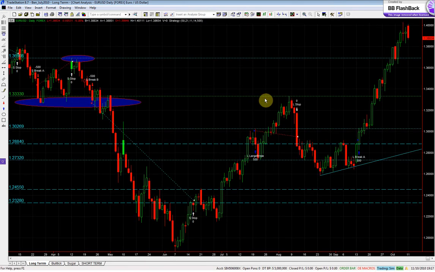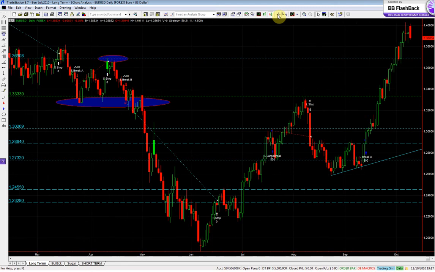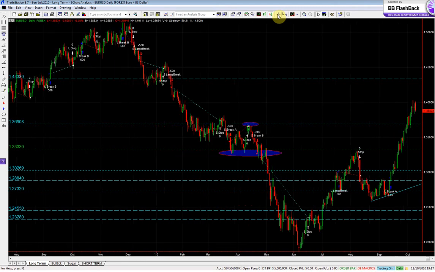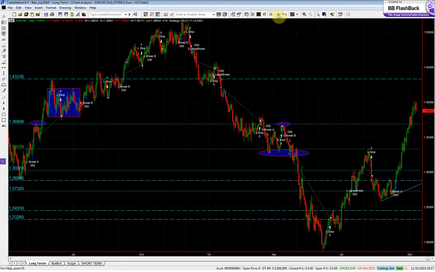If we go to the daily, that's really confirmed. We had a decent move down from 143.33 straight to the 136.90 area, and we're making a series of higher highs and higher lows.